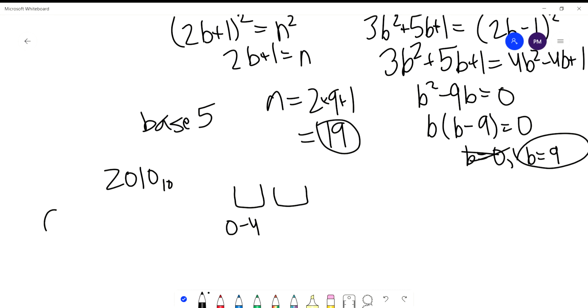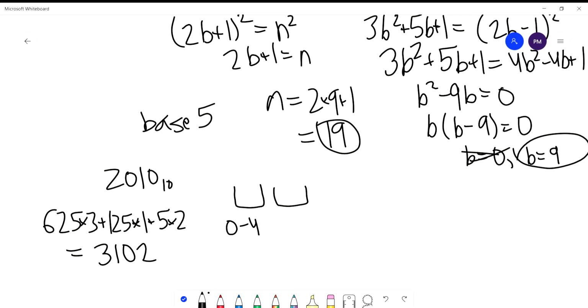So it's 625 times 3 plus 125 times 1 plus 5 times 2. So this equals 3, 1, 0 because there are no multiples of 25, 2, 0.